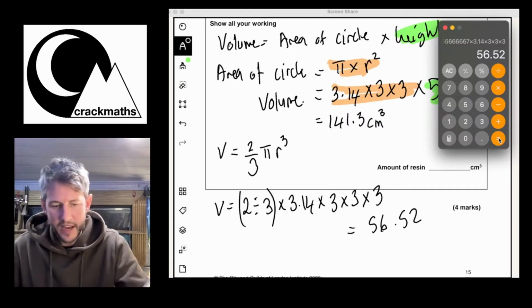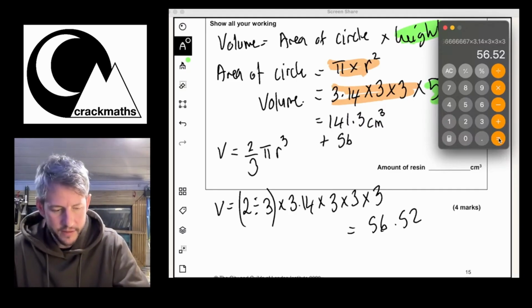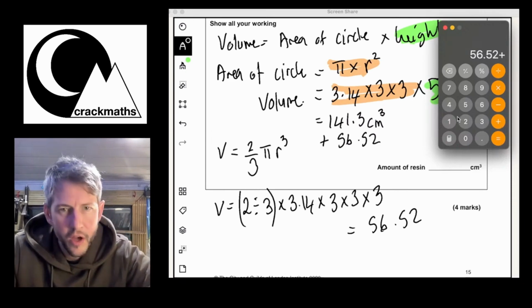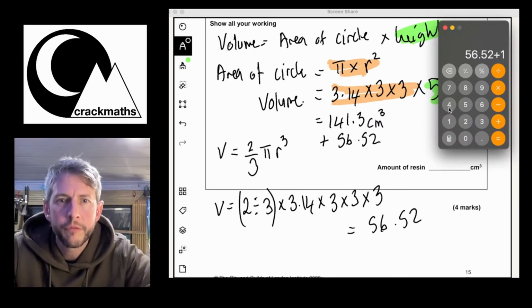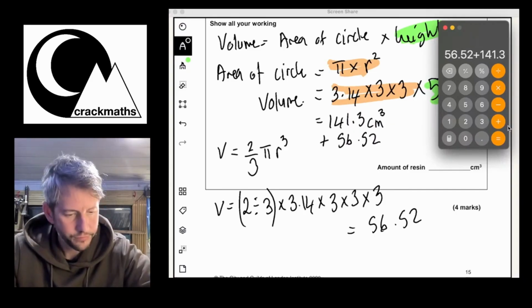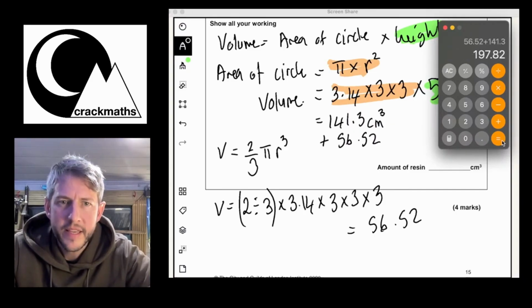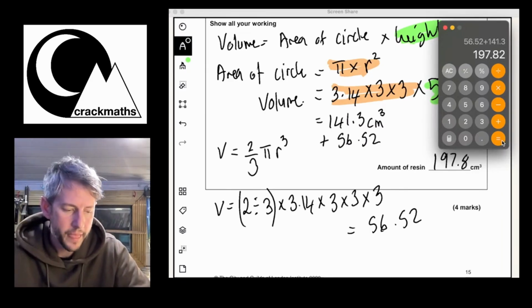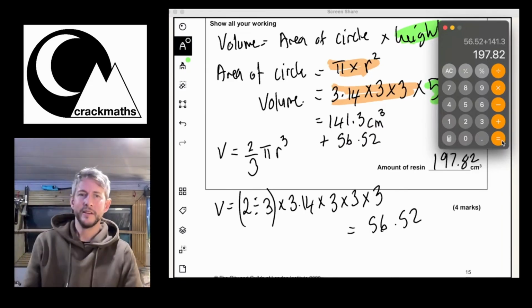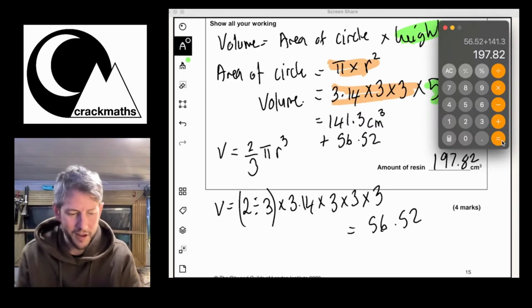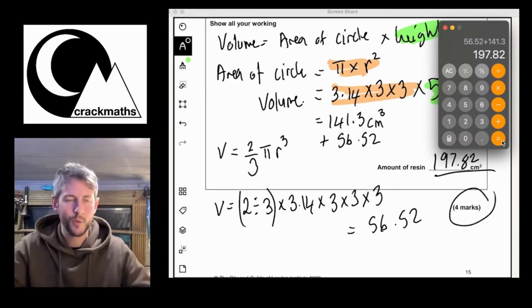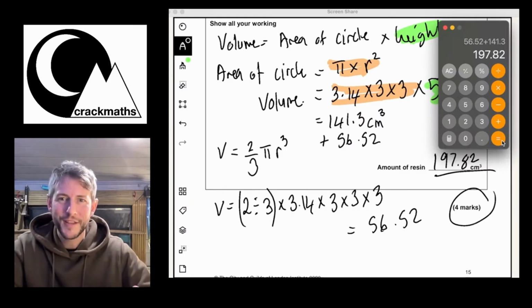So then if I add this on to the 141.3, press equals, and that's going to give me 197.82. Wonderful. There we go. And that was 4 marks. So that's nice. Right, let's move on to the next question.